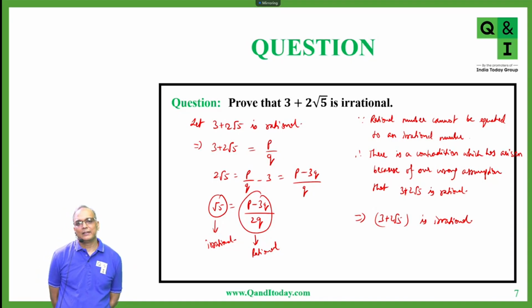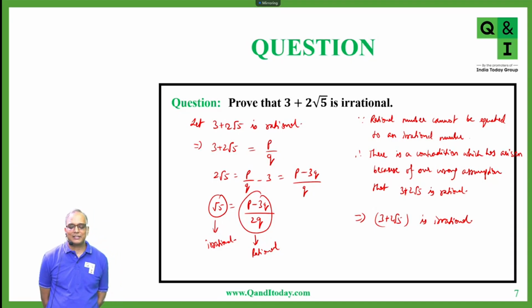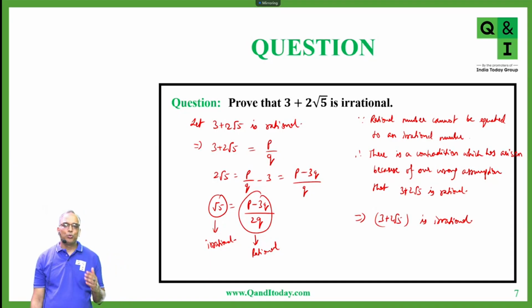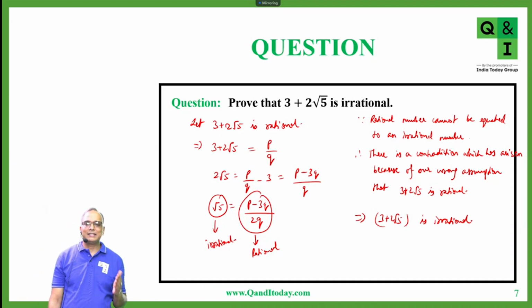If the question is simply prove that 3 plus 2 root 5 is irrational, you will assume that root 5 is irrational and do only this much which I have done. If they say prove root 5 is irrational and hence prove that 3 plus 2 root 5 is irrational, then you will do both of the proofs.